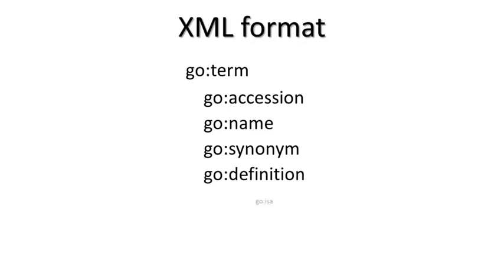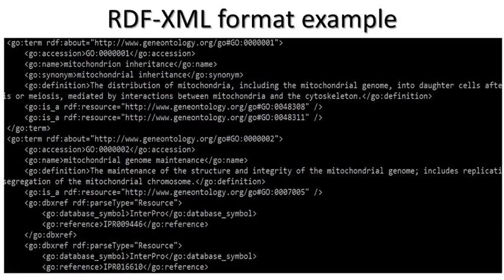The relationships with other terms are specified here, such as is-a. Finally, the term is cross-referenced to related entries in other databases. Here is a real example of a part of an RDF XML file, which is a specific type of XML file used in gene ontology.